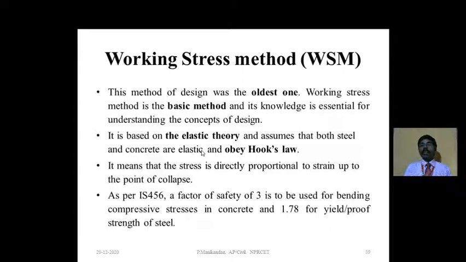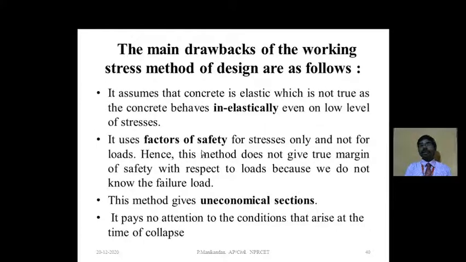As per IS 456, they have used the factor of safety value as 3 for the compressive stresses in concrete and 1.78 for steel. The main drawbacks of the working stress method are: our assumption that the concrete is elastic is not true, as concrete behaves inelastically.